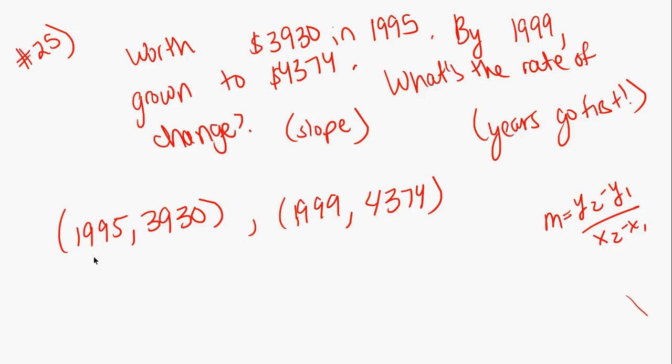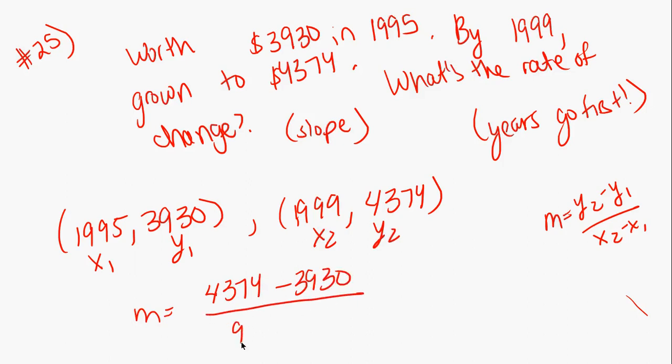So we'll label our points, x1, y1, and x2, y2. So plug that in. We've got 43.74 minus 39.30 all over 1999 minus 1995.